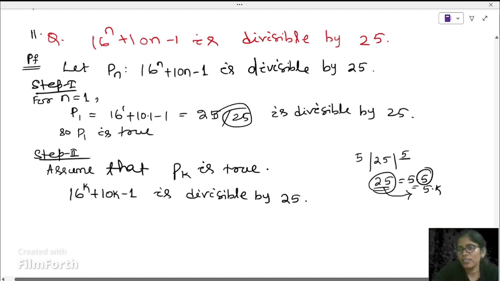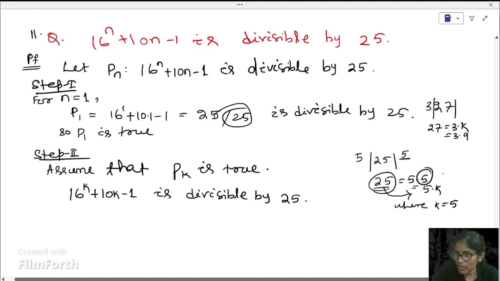We can write 25 equal to 5 into k, where k is equal to 5. That means 25 is a multiple of 5. Or listen, 27 is divisible by 3. We can write 27 equal to 3 into k, that means 3 into 9, so k is equal to 9.